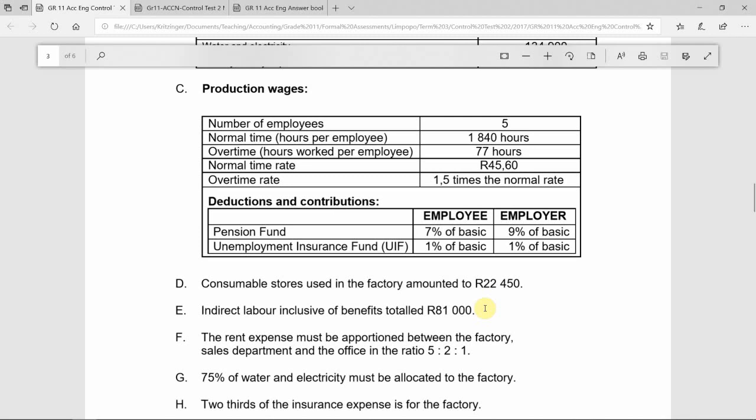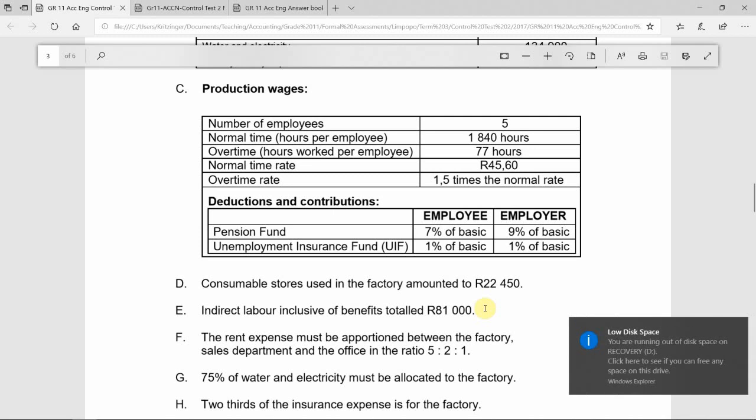Okay, so that doesn't concern us now. It's already included in here, in the gross pay. And then it will be subtracted to obtain their net pay. So that cost is already included here.